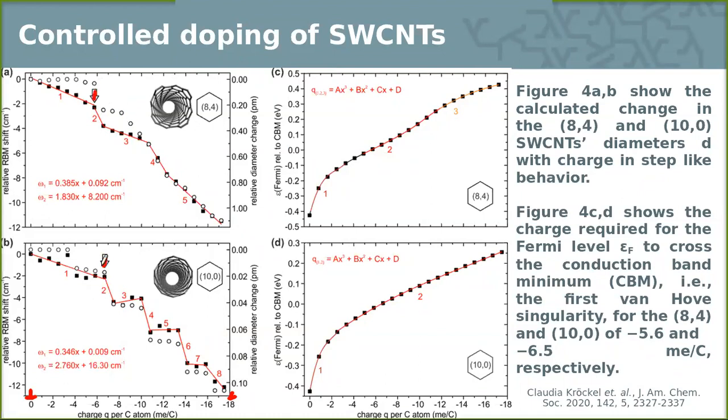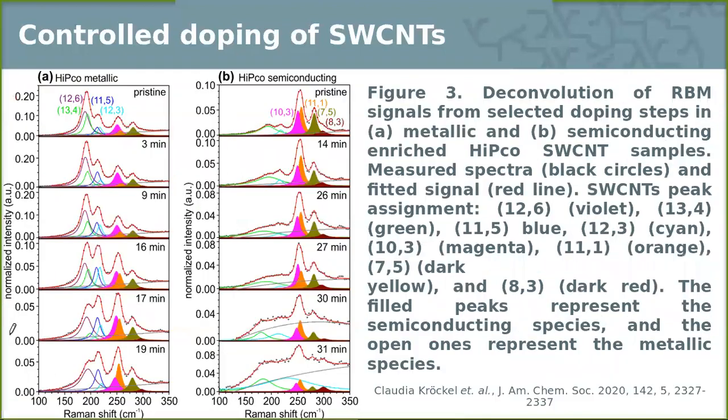When we are here, we see that there is a step-like function that is more evident when we analyze a 10-0 carbon nanotube. When we analyze an 8-4 or a 10-0 carbon nanotube, we see a step-like function that tells us that as we increase the concentration of electrons in the sample, we also have a change in the frequency of the radial breathing mode in the Raman spectra, which is actually what we just observed here.